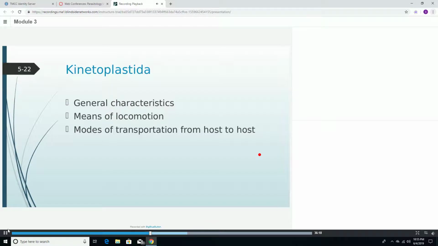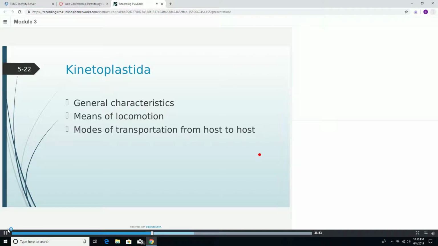I want you to remember that Trypanosoma is transported by the tsetse fly. So we have different phases in these organisms. We have a trypomastigote form and an amastigote form for the Trypanosoma species, and I'll get into more details whenever we cover the Trypanosoma specifically.